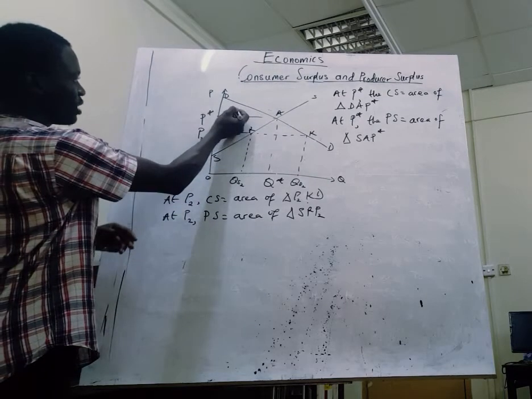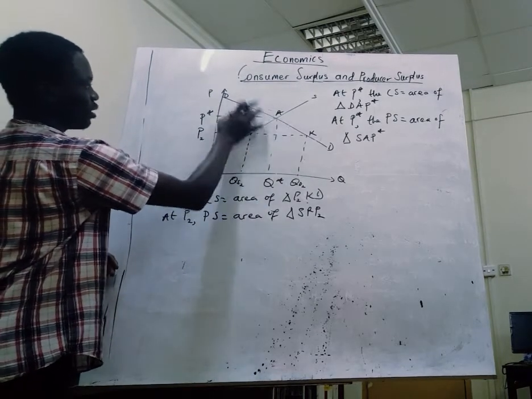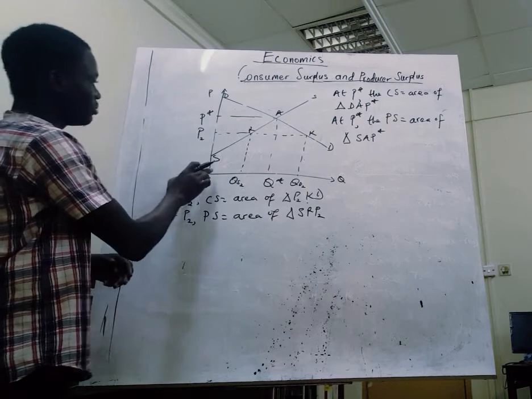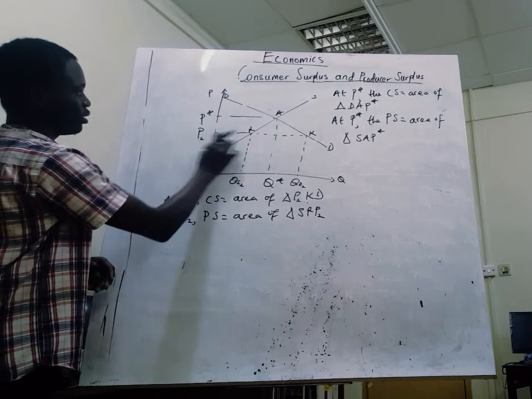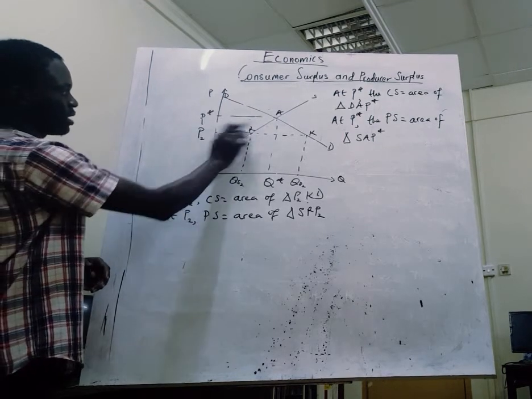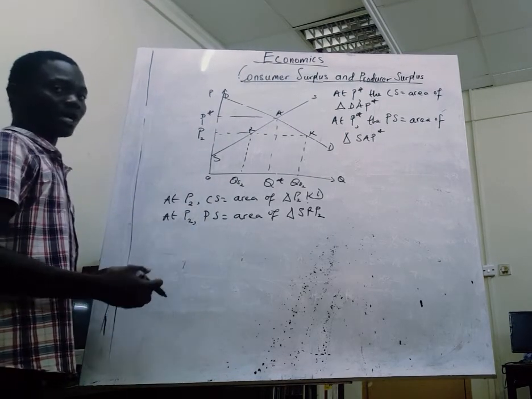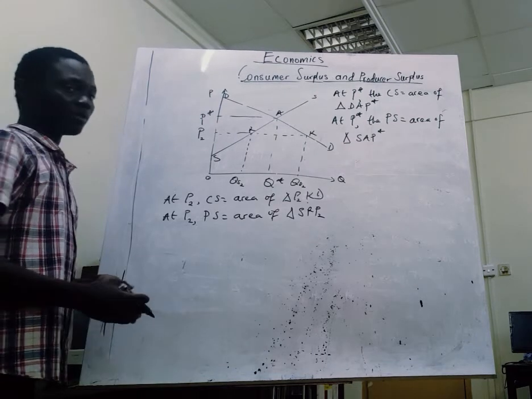This was the initial consumer surplus, but now it has extended to all of this place. This was the old producer surplus, the whole of this place, SA P star, but now it has reduced to SR P2. So when prices are lower in the market, consumers benefit more. They have an increment in their well-being.